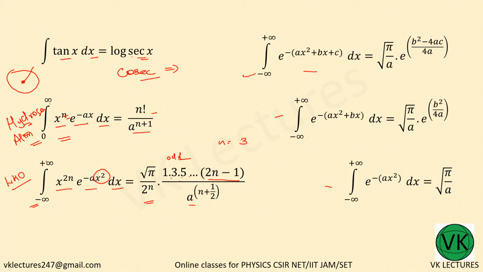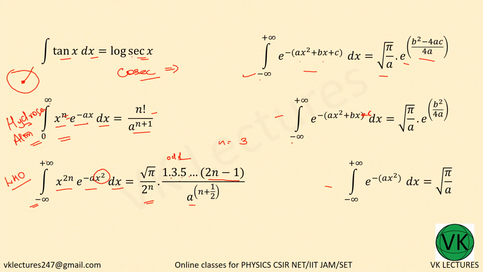Alright, now this is minus infinity to plus infinity e to the power minus ax square plus bx plus c, very similar to the first one. dx is equal to root of pi by a e to the power b square minus 4ac by 4a. Similarly here, if the c quantity is missing, c is 0, so you will remove c from here.